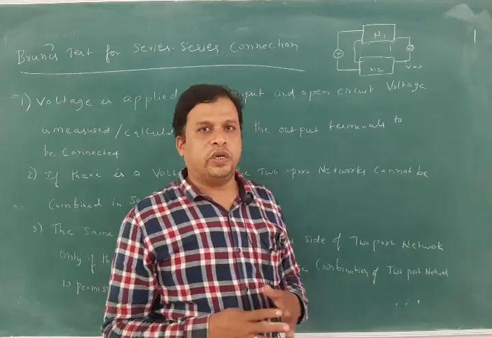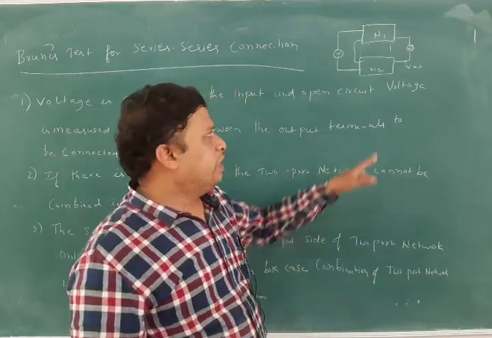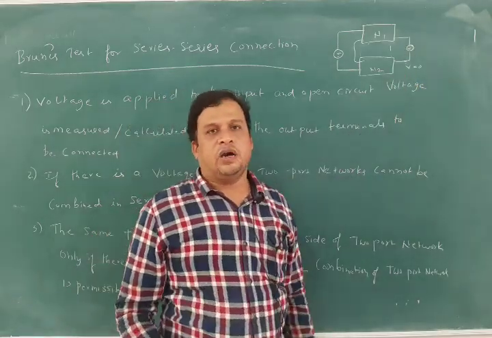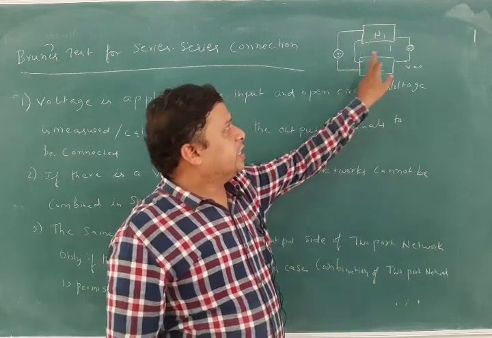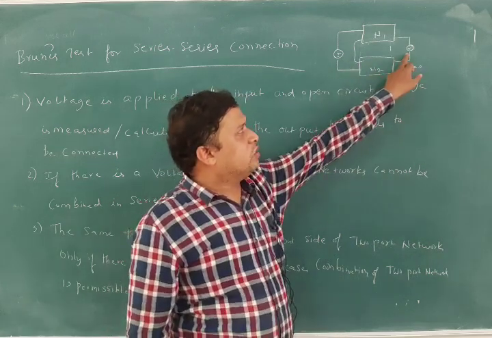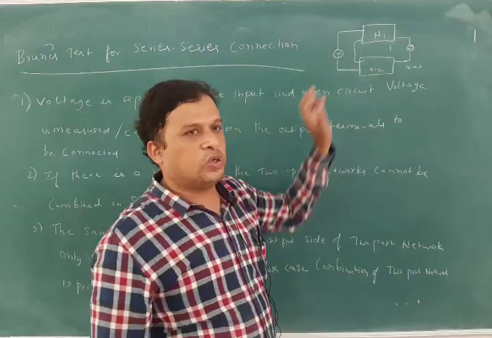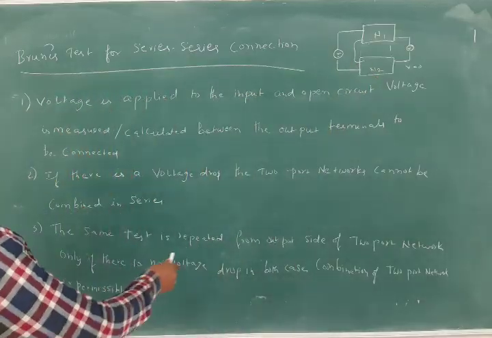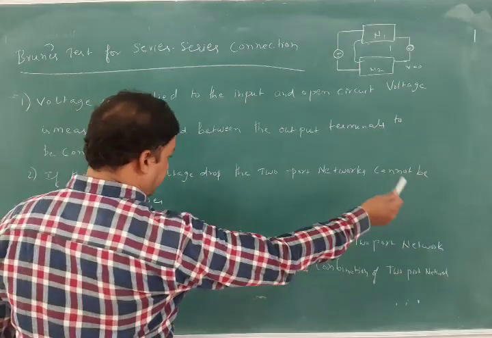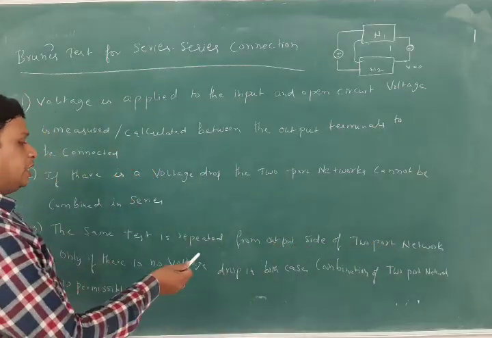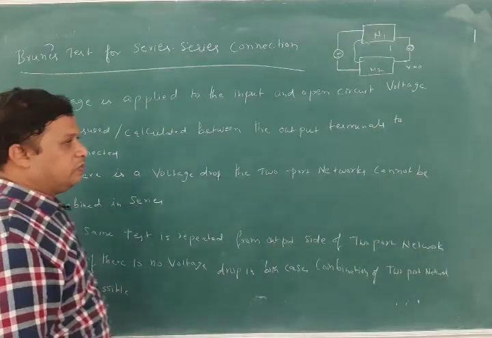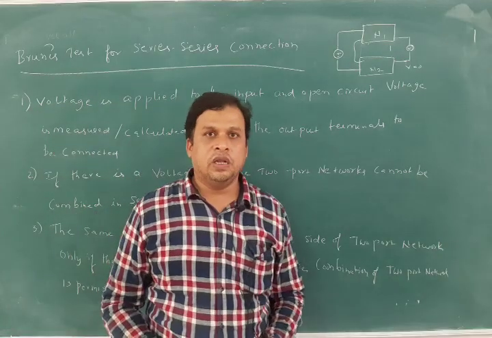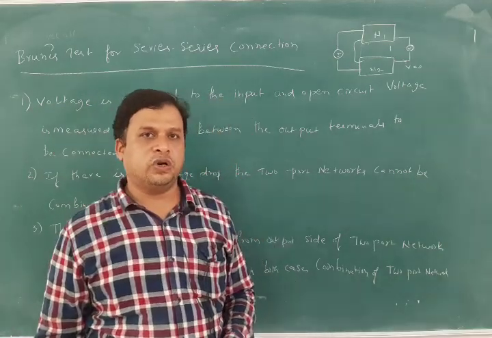Only if V is equal to 0 on both sides, this side and this side, can we make the combination. So the third point is that the same test is repeated from the output side of the two-port network. Only if there is no voltage drop is the combination of these two-port networks permissible. Otherwise, we cannot combine them.